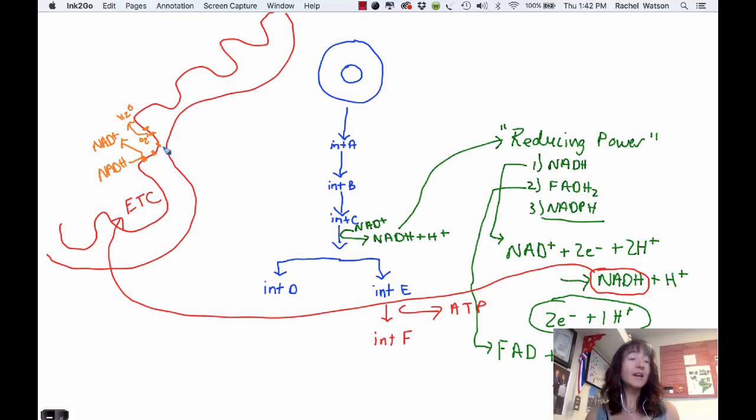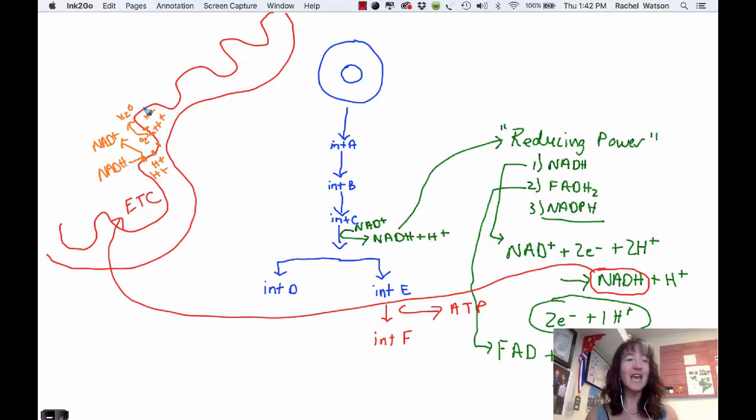And we recognize that the resulting energy release from that is used to pump protons into the inner membrane space. So there is a hydrogen ion gradient that accumulates across the inner mitochondrial membrane. Now we also know that that hydrogen ion gradient is extremely powerful, and you guessed it, it can be exchanged for ATP.